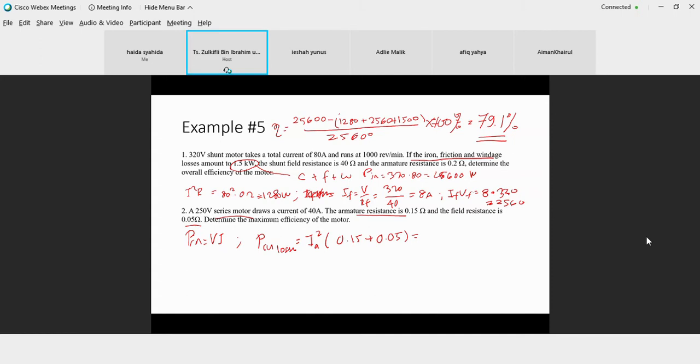So about 320 watt. And the power input is 250 times 40, VI, 10,000. 10,000 watt.